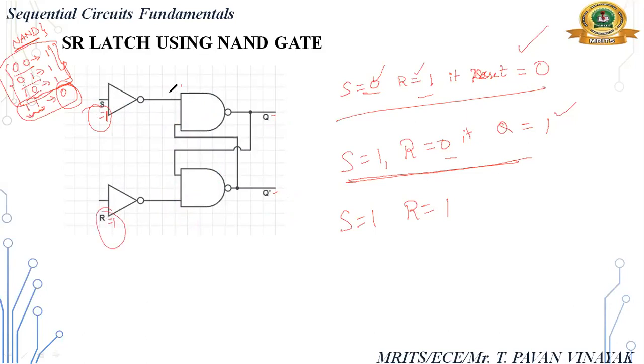So S bar will be 0, R bar will be 0. When any one input of NAND gate is 0, output is 1. See, Q is 1, Q bar is 1, which is invalid.